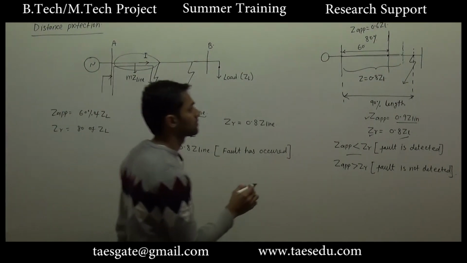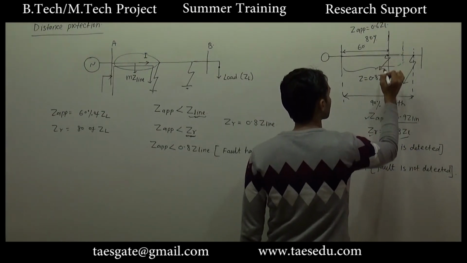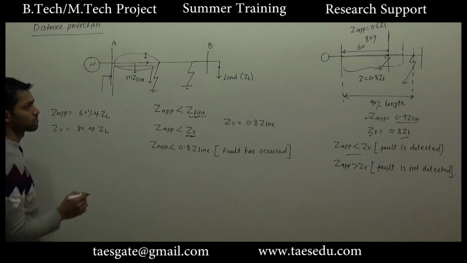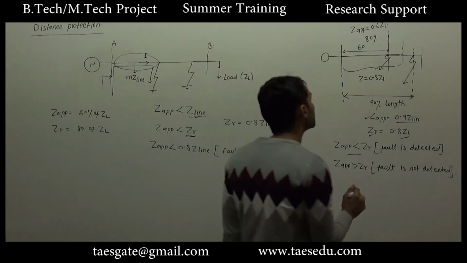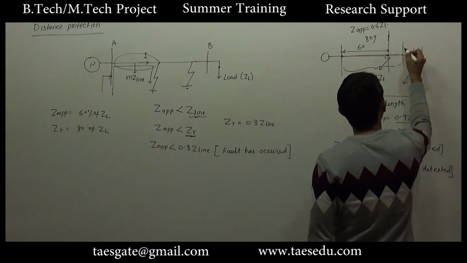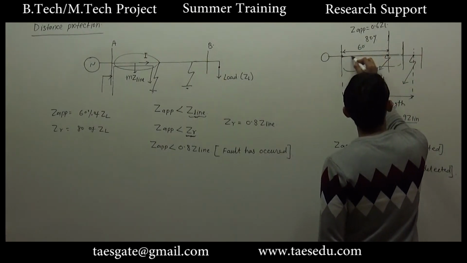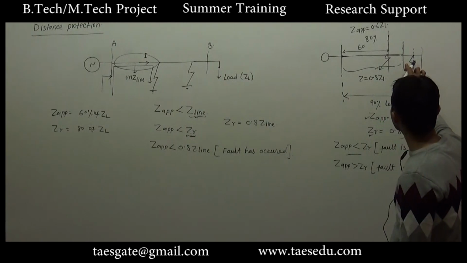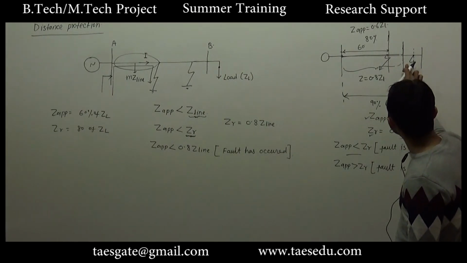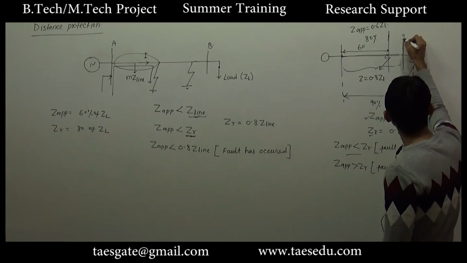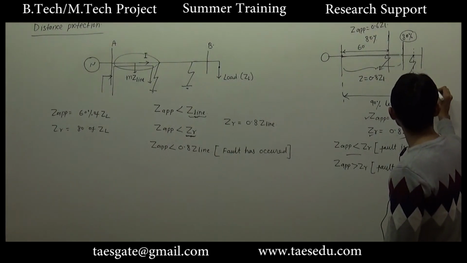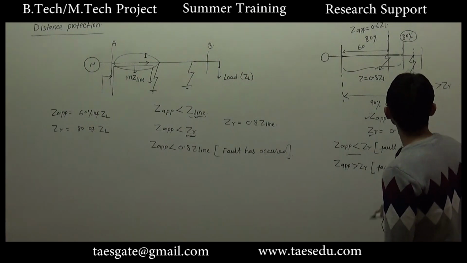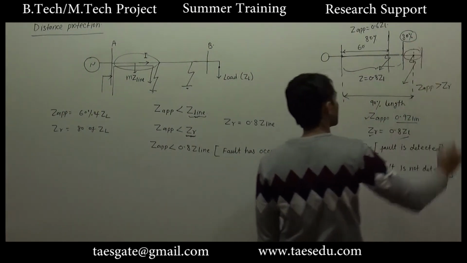So this fault will be detected. So we can say that if any fault occurs between the source and 80% length of the line, this fault will be detected, and for any fault that occurs beyond 80% of the line, the apparent impedance seen by the source will be greater than the reference impedance. So these faults will not be detected.